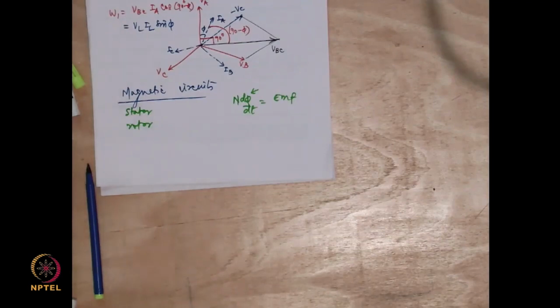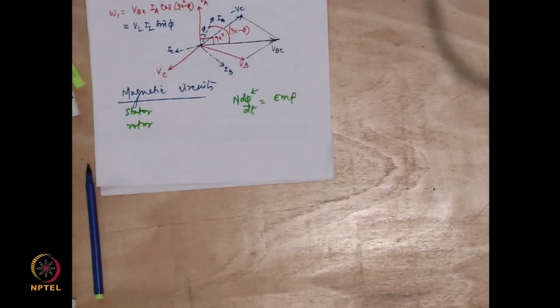Then it will induce electricity. So I need mainly two things for this purpose. One is I should be able to have a bunch of conductors in which electricity will be induced. And the second thing is I will need a magnetism producing system, which we call as the field system.